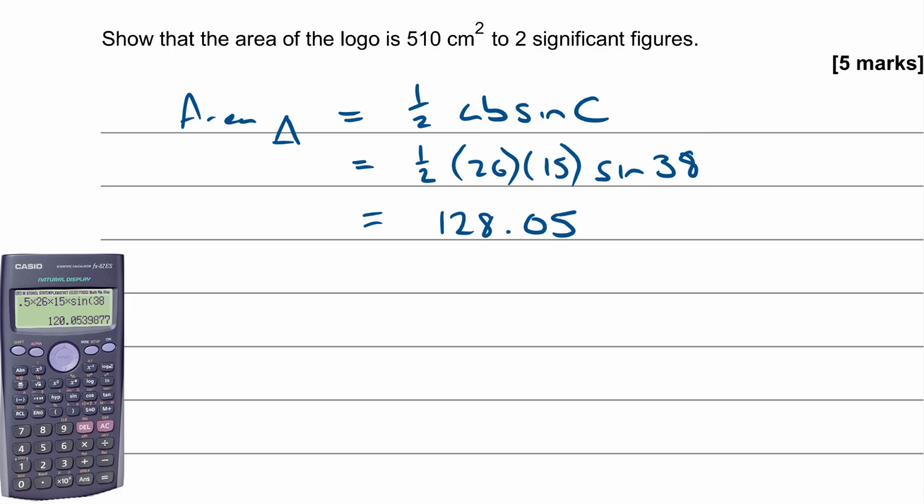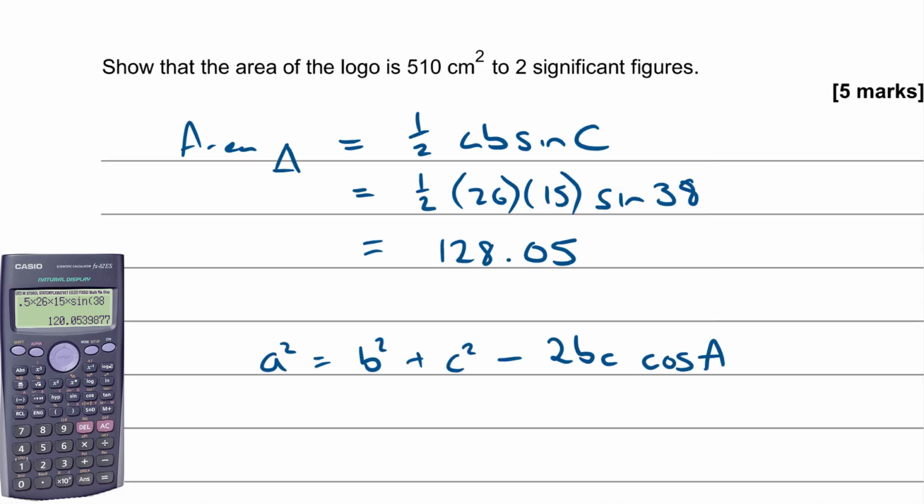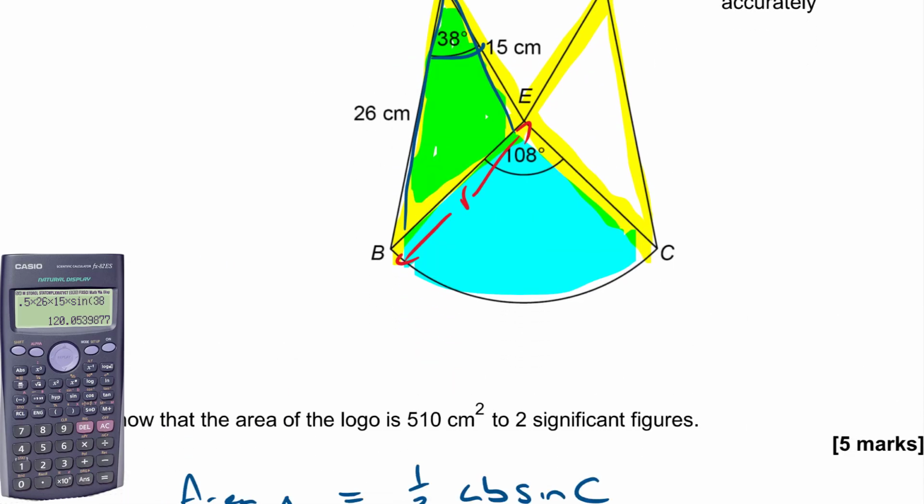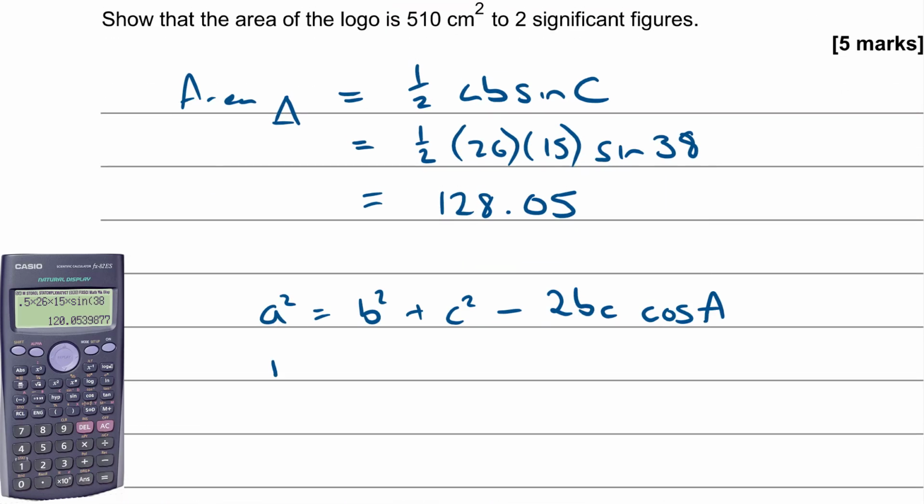The cosine rule formula says a squared equals b squared plus c squared minus 2bc cos A. Now that's the way around you use it to find a length, which is what we're trying to do here, isn't it?